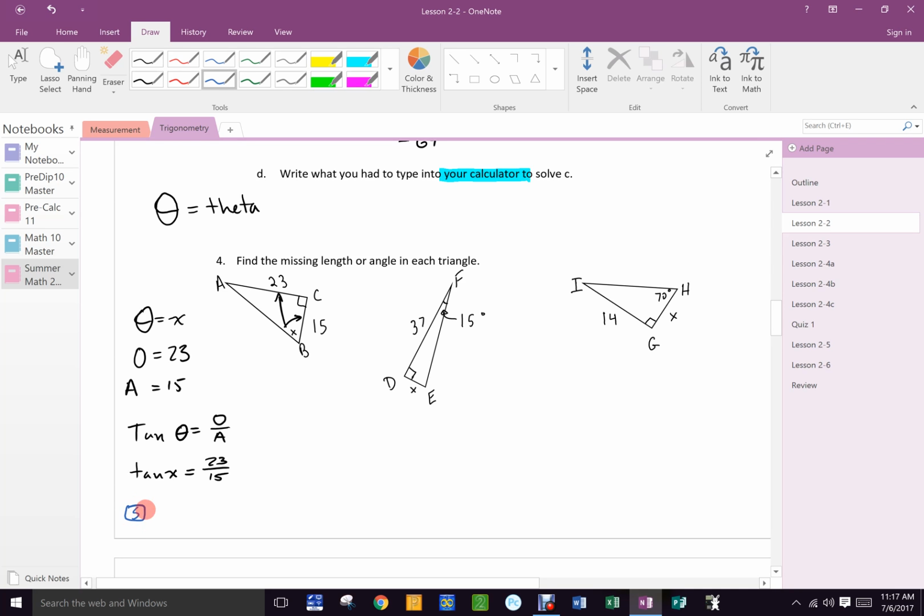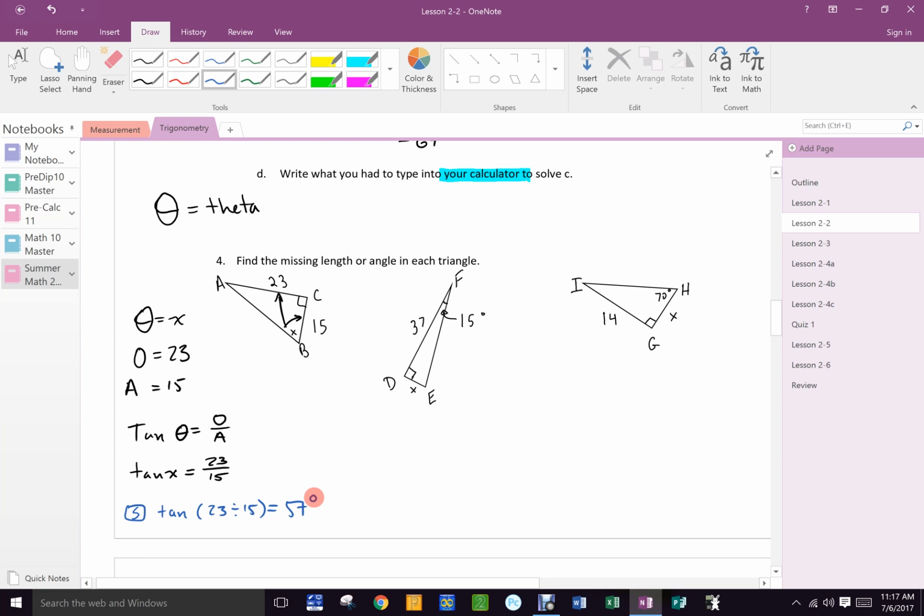So for my forward calculator, it's shift tan bracket 23 divided by 15 close brackets equals. So we're going to round that off because it's a degree to 57 degrees. Is everybody good? All right.